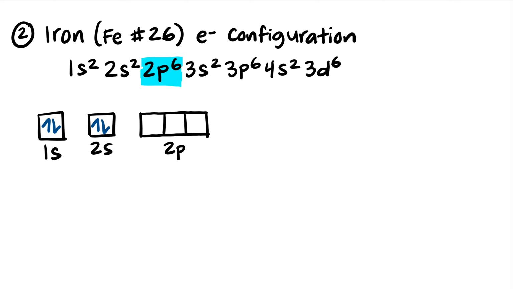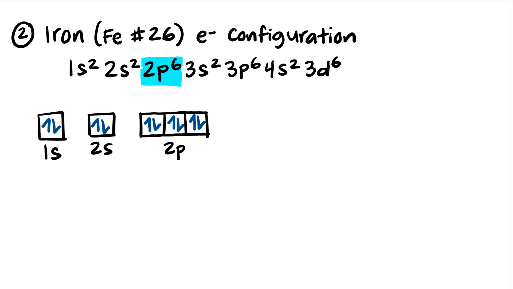Remember that rule: every box must contain 1 arrow before any box can get a second arrow. So in this order, we're going to go up, up, up. So I have 1, 2, 3 so far, and so my downs would be 4, 5, and 6 electrons.